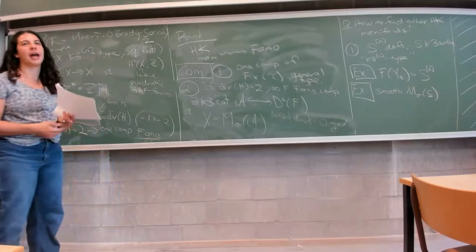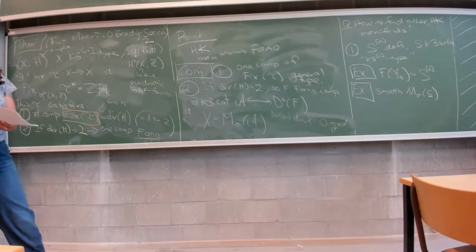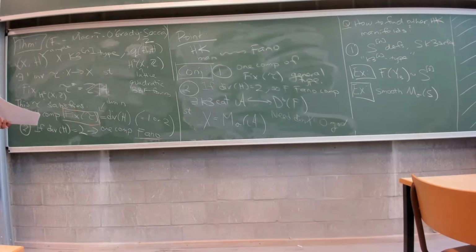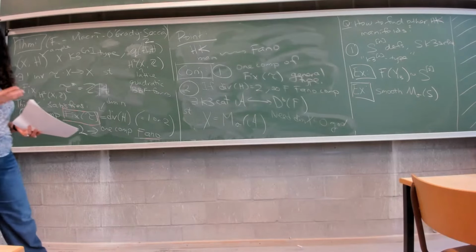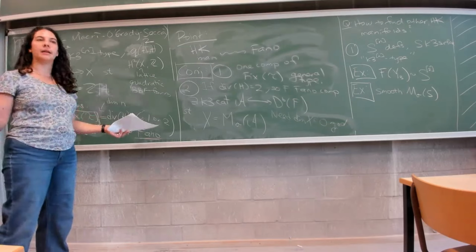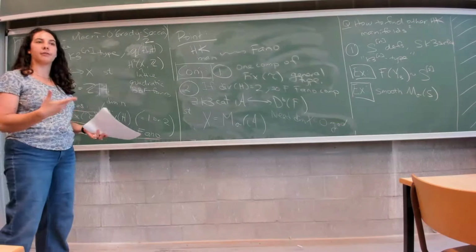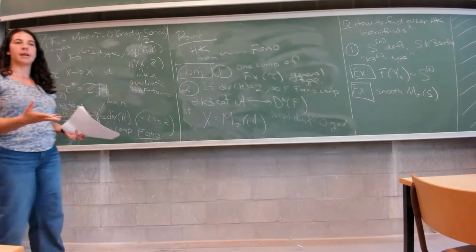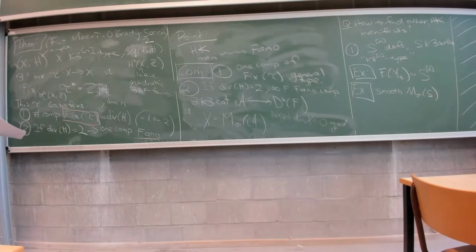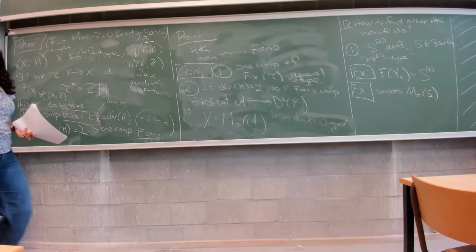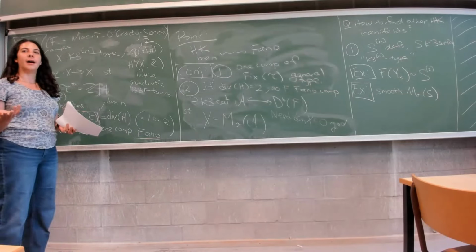I should say it's known that the class of Fano varieties is bounded, in the sense that if I specify the dimension of the Fano, there are only finitely many deformation classes of Fano varieties of that dimension. And it's kind of believed that that is true for hyperkähler manifolds as well.